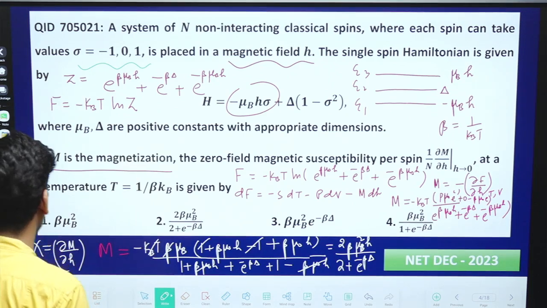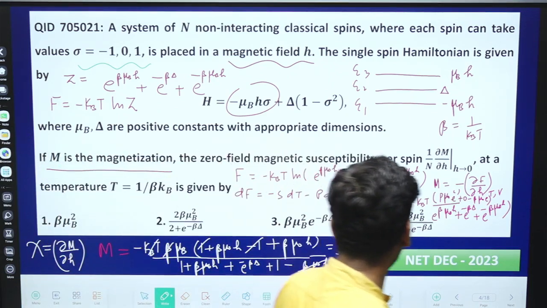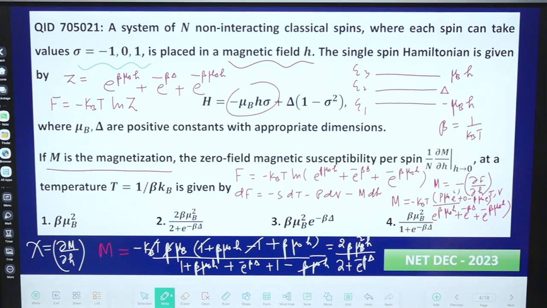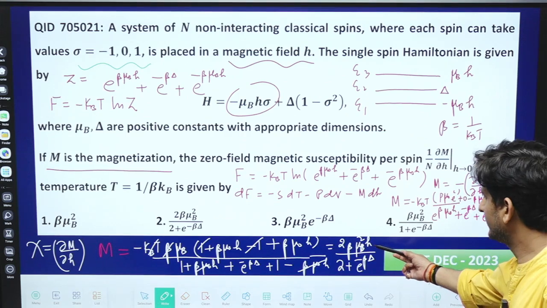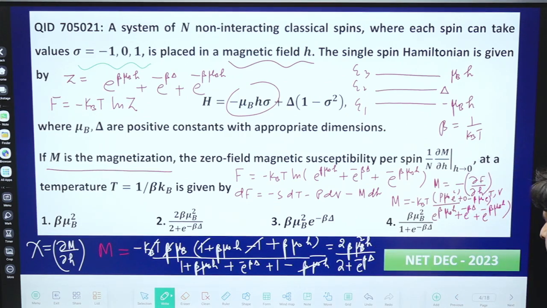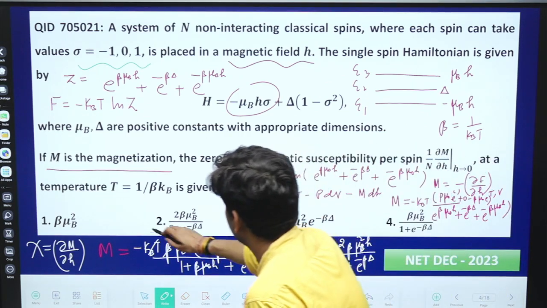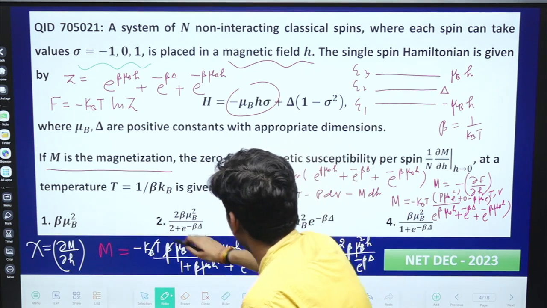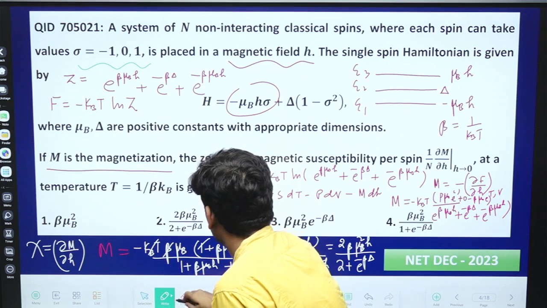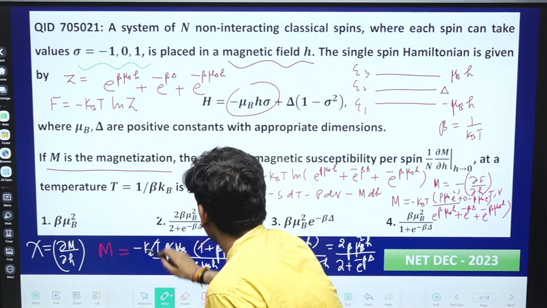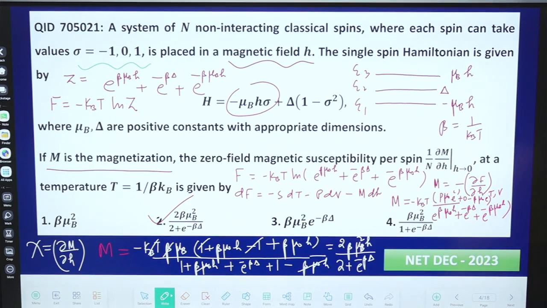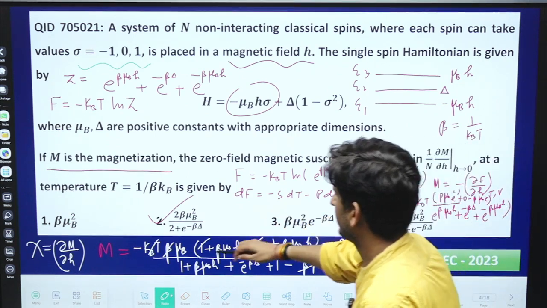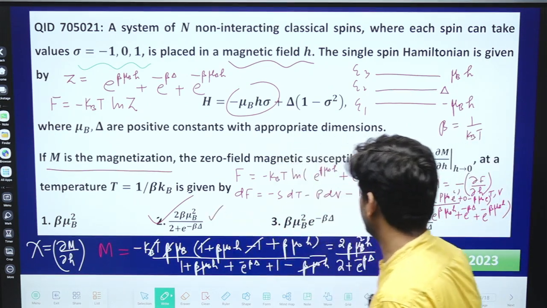Susceptibility is del M by del H, where H is the magnetic field intensity. If you differentiate with respect to H, H will be gone, and the second option is the correct answer: 2 beta mu_B squared upon 2 plus e to the power minus beta delta. So you get the susceptibility as this.